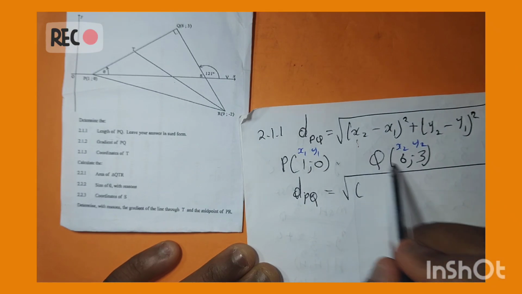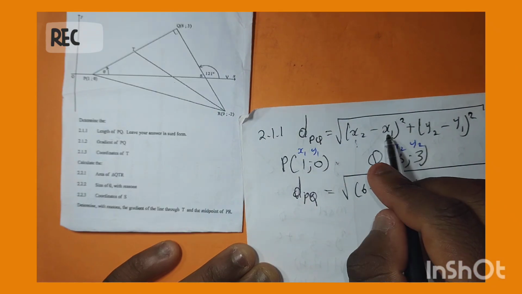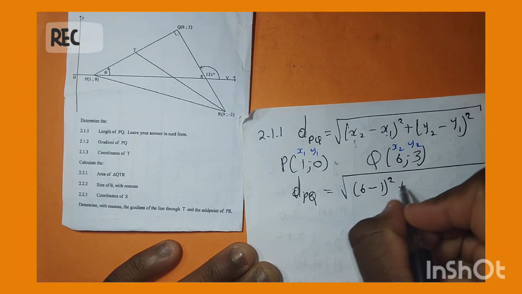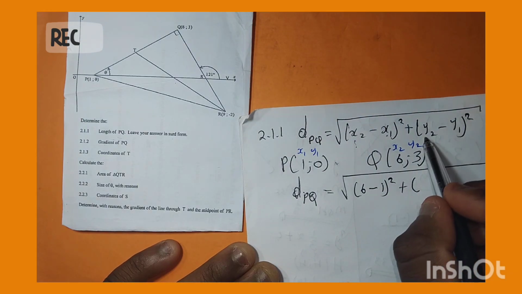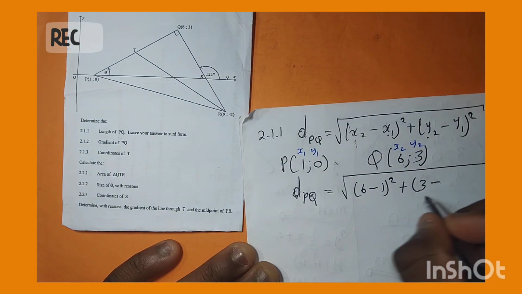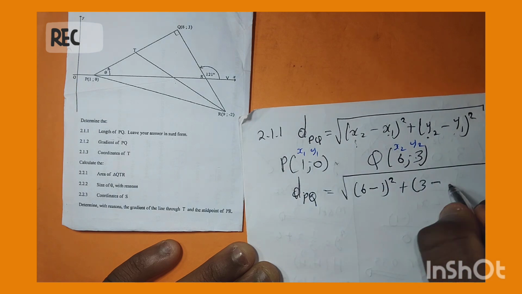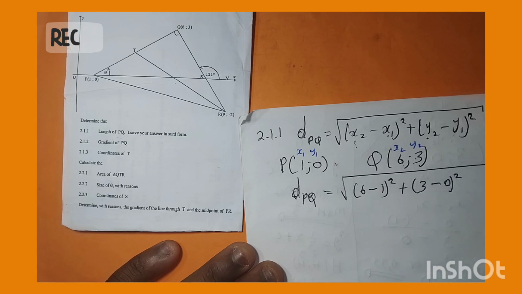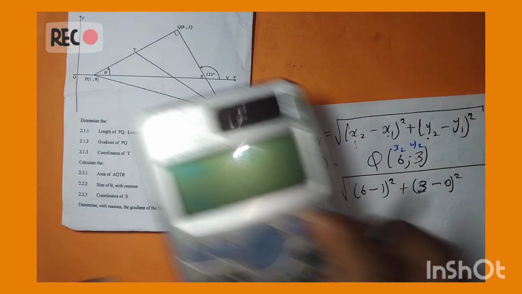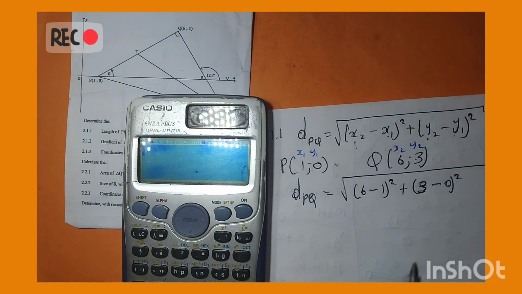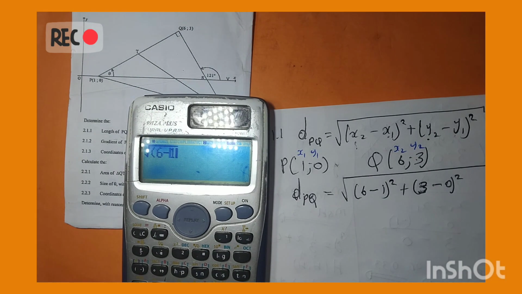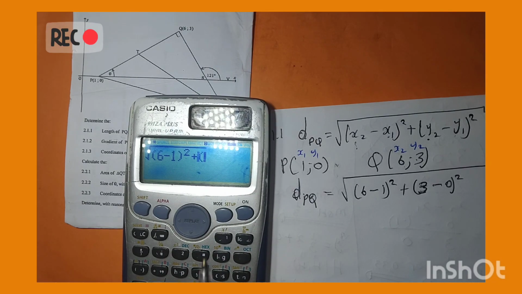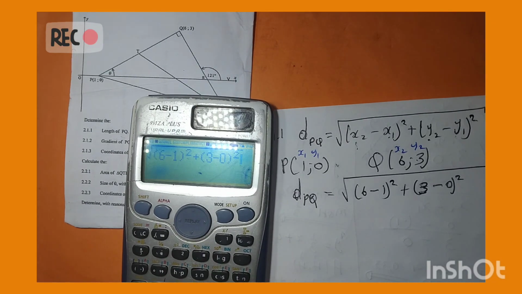This is how you substitute. Where there is x2, you put 6, and where there is x1, you put 1. Where there is y2, you put 3, and where there is y1, you put 0. Do you see? So now you can press all of that on your calculator, the square root of (6 minus 1) squared plus (3 minus 0) squared.